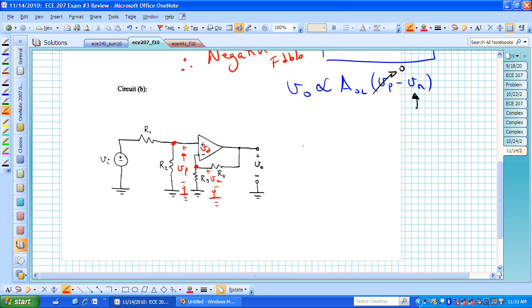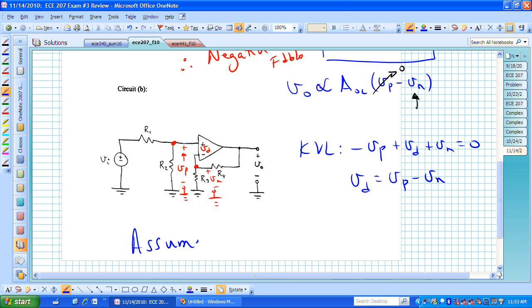Or if we do another KVL, we can see that we have minus V sub P plus V sub D plus V sub n is equal to 0. If we solve for V sub D, we end up with V sub P minus V sub n. Now, let's assume that, again, we could assume any different or any combination we want.